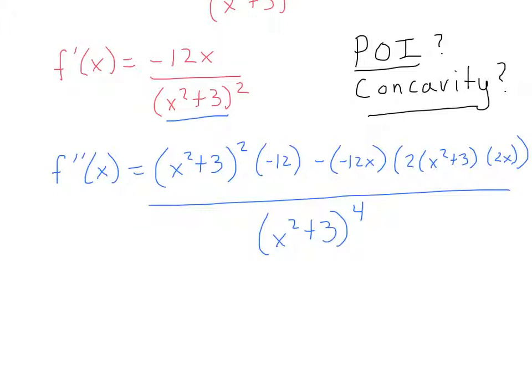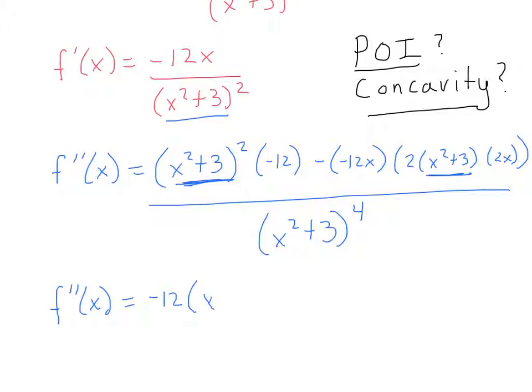So now let's do the best we can to simplify. So I have f double prime of x equals, I'm just going to write this as negative 12 times, and let's go ahead and square this right here. Well, should we square it? Because maybe we can factor an (x squared plus 3) out here and end up canceling it. So let's not factor it yet.